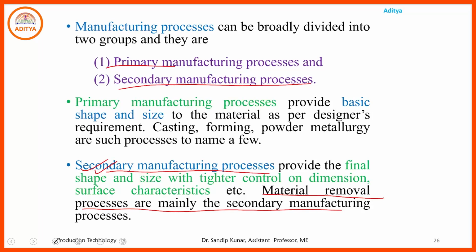Secondary manufacturing process means material removal process, maybe conventional machining process, maybe advanced machining process. Both are material removal processes, so both are secondary manufacturing processes. By using these processes, we get the finished product.